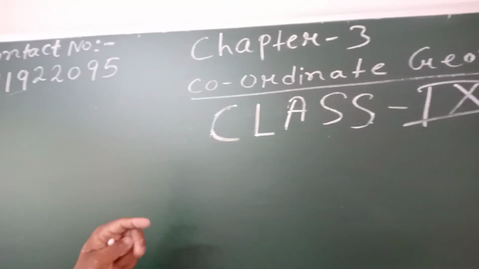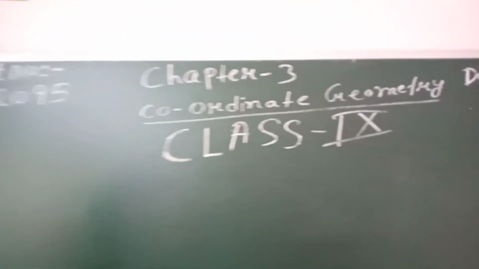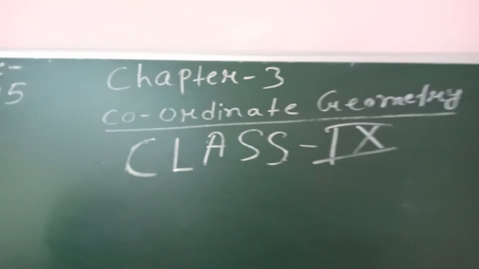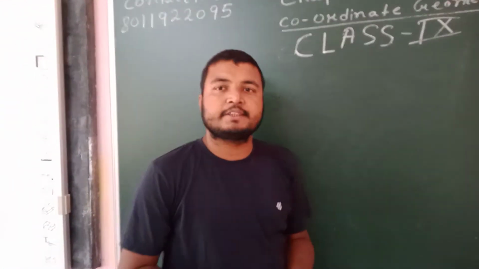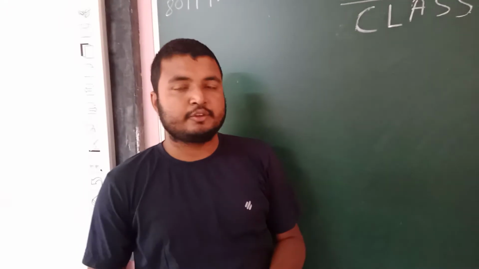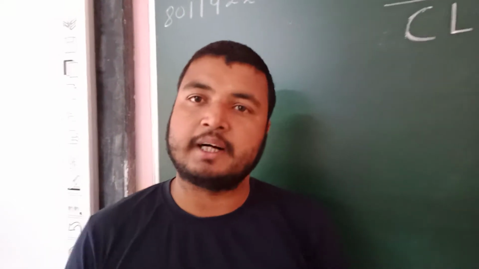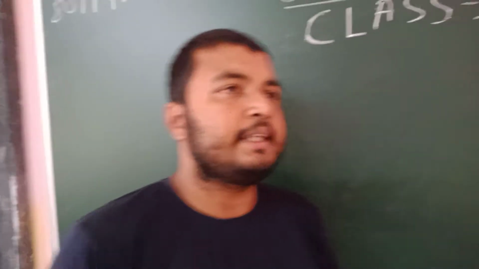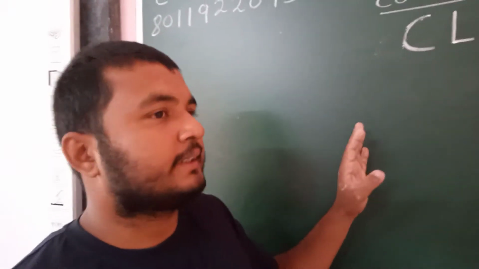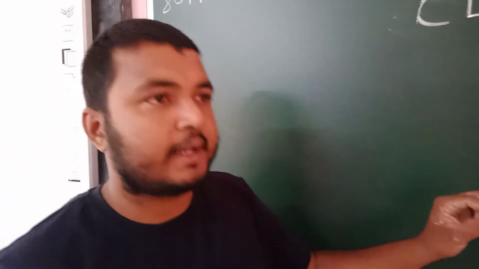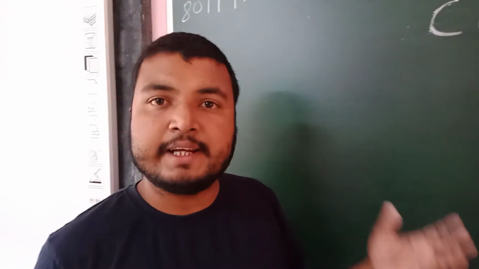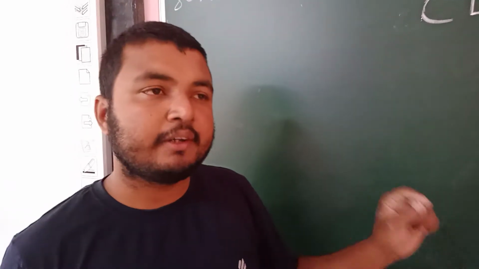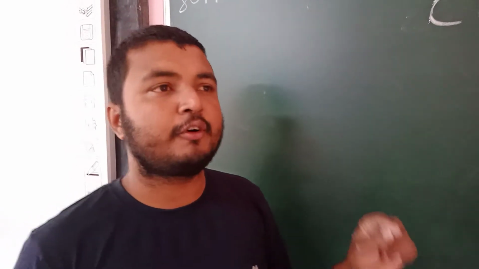Coordinate geometry is used to locate the position of an object on the surface of the earth or any plane surface. It is only used for plane surface, not for curved surface.